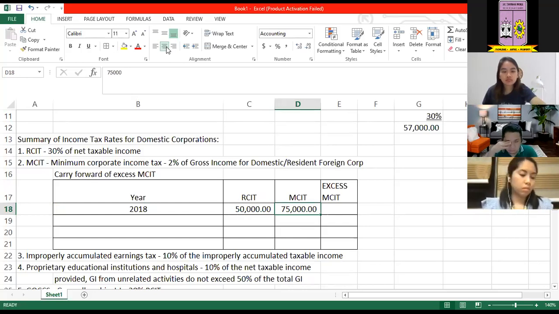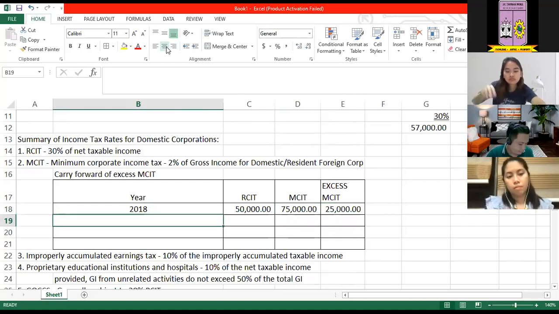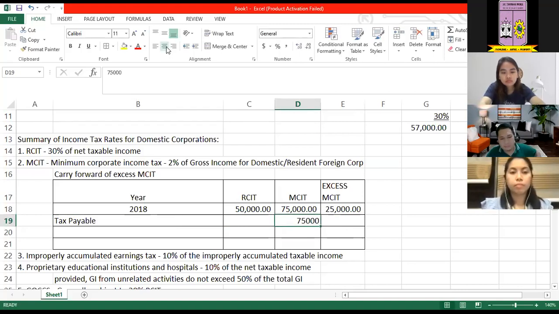Kasi siya ang mas malaki kesa sa RCIT. So, meaning to say, merong excess na 25,000. Okay, meron siyang excess na binayaran na 25,000. So, ang tax payable natin is 75,000 for the year 2018.